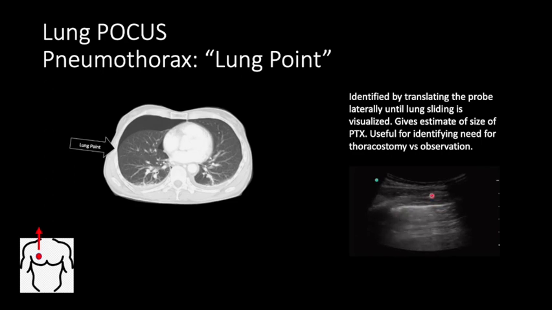So if we had M-mode on here, we'd see portions where it would be like a beach, like right now, and then right now it'd look like a barcode sign, because that's the point at contact of the lung and the pleural interface. So that's called a lung point, and it's highly, highly diagnostic of a pneumothorax and can be useful for estimating the size of the pneumothorax.